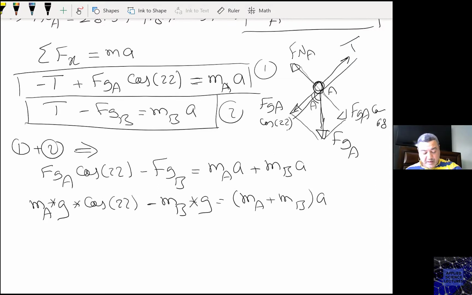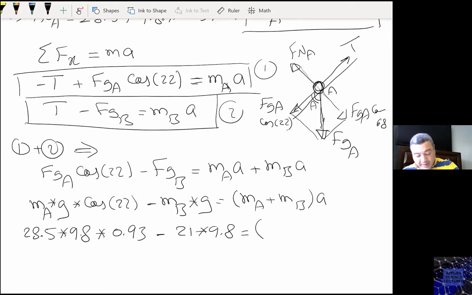Substituting here, I have M_A, 28.5 times 9.8 times cosine 22, 0.93, minus M_B, 21 times 9.8 equals to (M_A plus M_B). 28.5 plus 21 is 49.5 a.